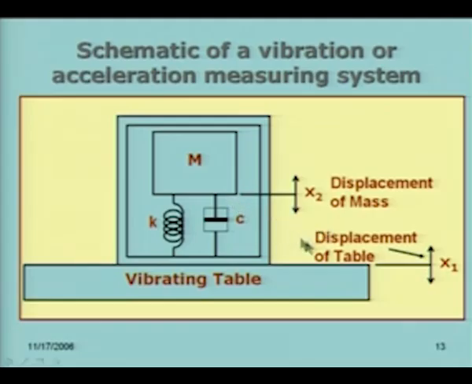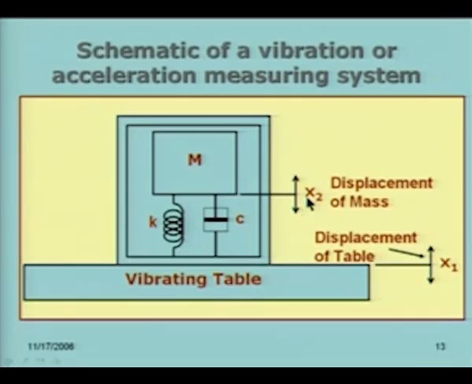So, it will go up and down like that. What will happen because of the movement of this table is that the table movement is the same as the movement of the housing. The accelerometer housing undergoes the same movement in step with this x1, and in principle m can go up and down by x2.